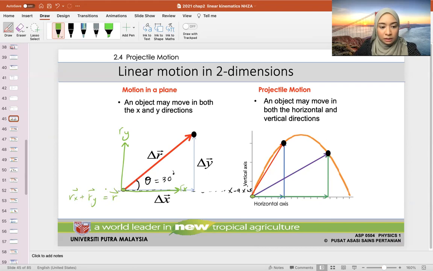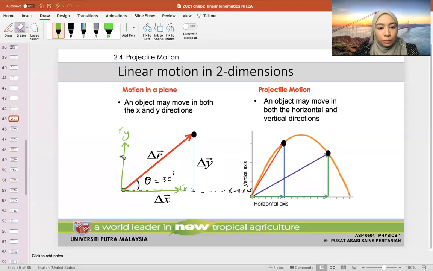So when you resolve it, you get these two. When you add them together, you get r. So it's interchangeable. Jangan pandai-pandai tukar jadi z pula bila Rx plus Ry tiba-tiba dapat z. It's a different vector. So from r you get x and y components. From the x and y components, you get r back. So it doesn't go anywhere. Okay.